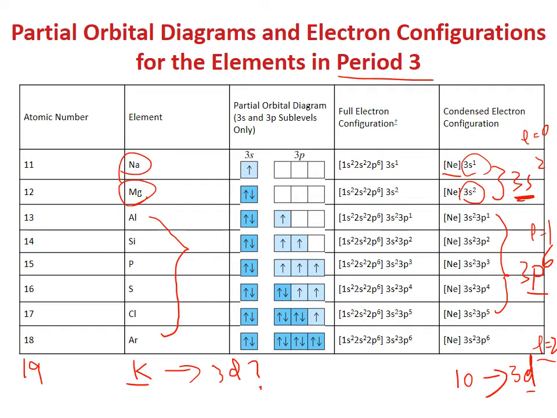Furthermore, 4s orbital penetrates closer to the nucleus. So it turns out that 4s orbital is actually lower in energy than 3d orbital. So the next period, period 4, starts with 4s instead of 3d.